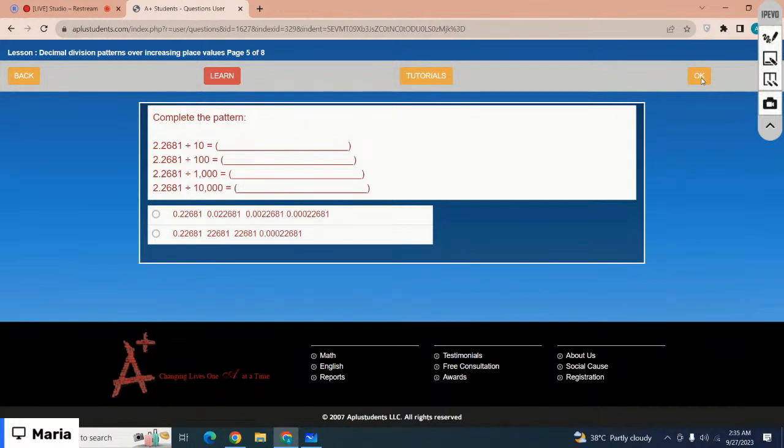Okay, which is the correct option? You have to move the decimal point. Option number 1 is the correct option, right?